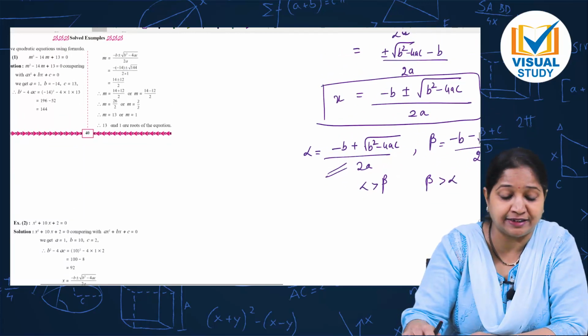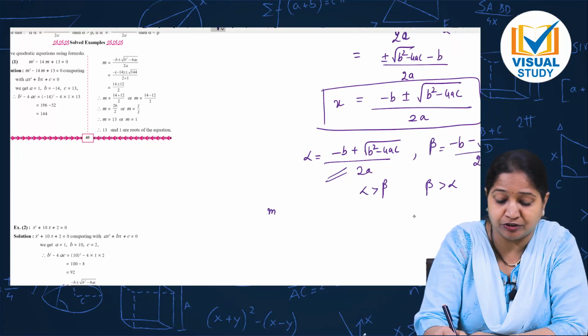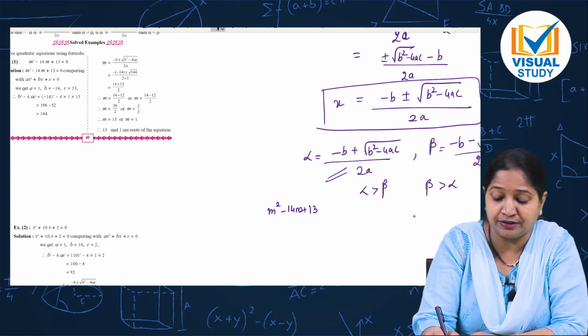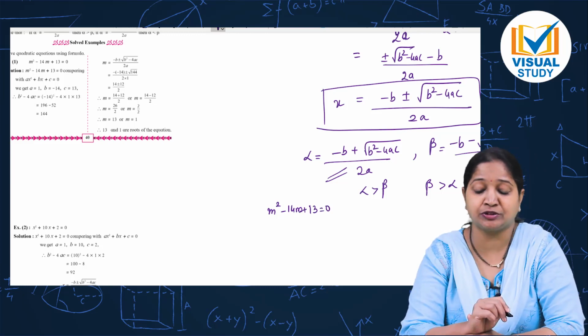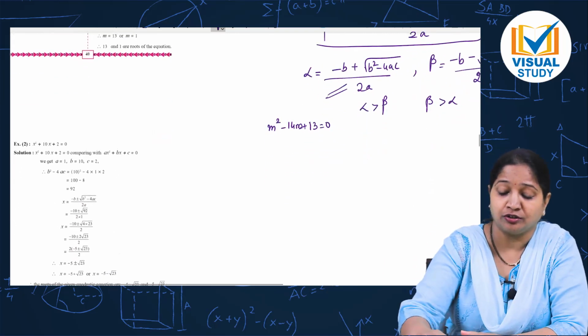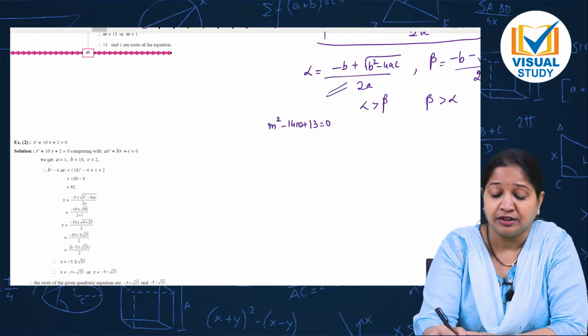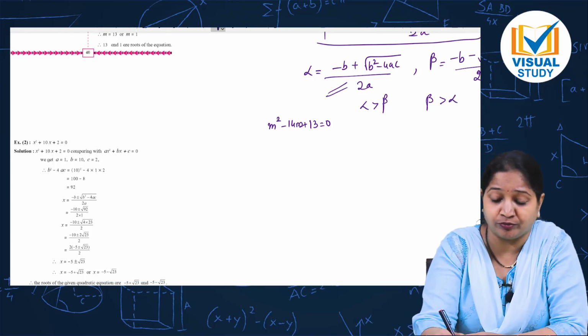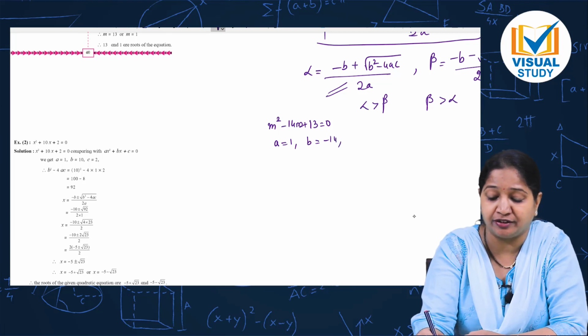Now we'll do an example, that is m square minus 14m plus 13 equal to 0. Comparing with our quadratic, a equal to 1, b equal to minus 14, and c equal to 13.